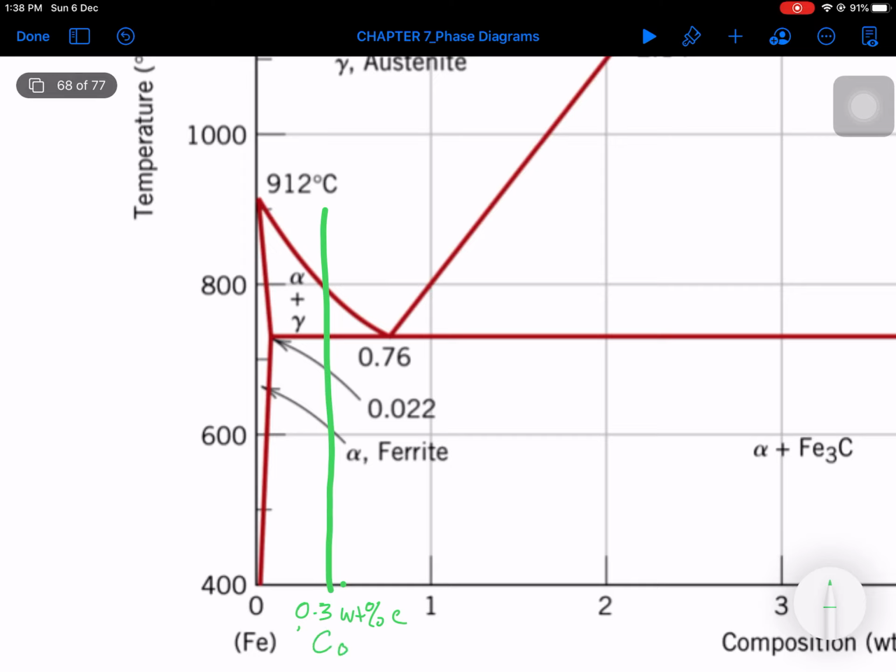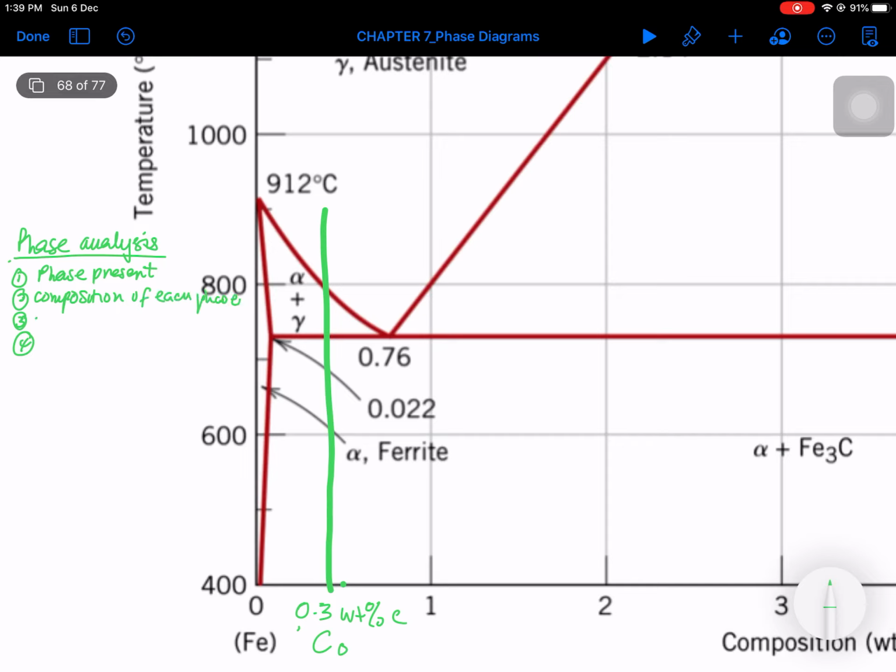So let's do a phase analysis. Phase analysis means you're going to need all the 4 important pieces of information that we have looked at so far in the previous lecture. The first one is the phase present. The second one is the composition of each phase.